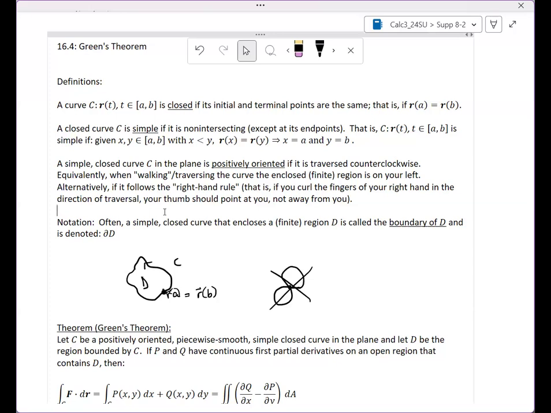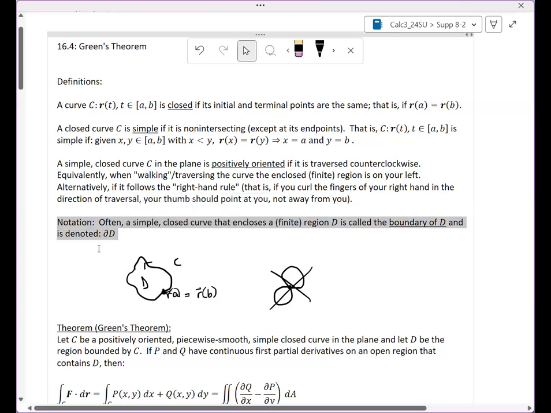You have to flip your hand around, but then our thumb would point away from us, right? If it was oriented the other way, we might say that follows something like a left-hand rule, where our left hand, when the fingers curl around, our thumb would point toward us. So we might say it follows something like a right-hand rule. So any of these ways we can think about it. I think the easiest way to think about it is it's oriented counterclockwise. That is probably the most straightforward.